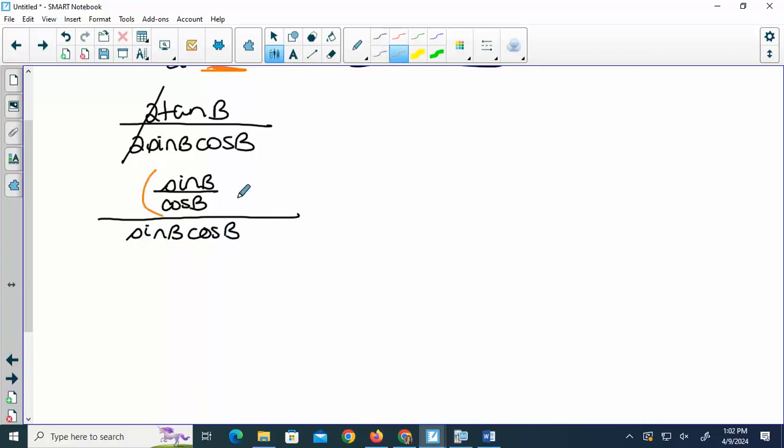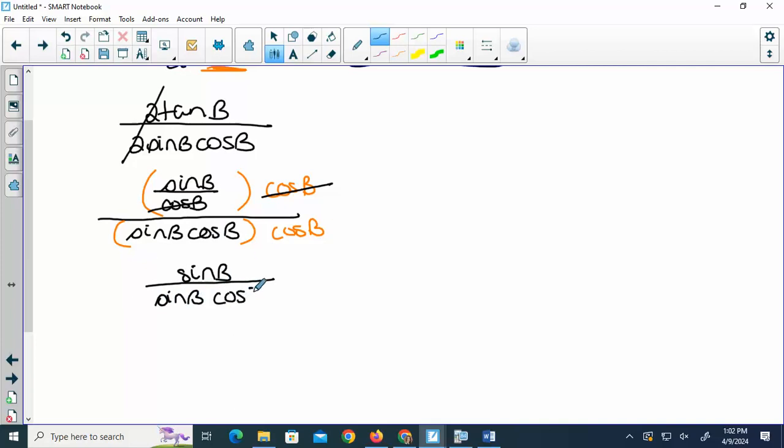Or you could just say, you know what, I need to get rid of a cosine, so I'm going to take top and bottom of my fraction times a cosine. We've used both of those strategies. Those cancel and we get sine. In the bottom we have a sine times cosine is cosine squared. Sines cancel.